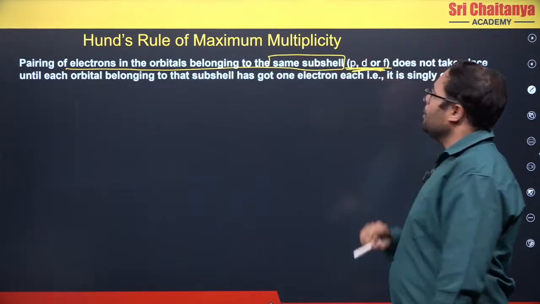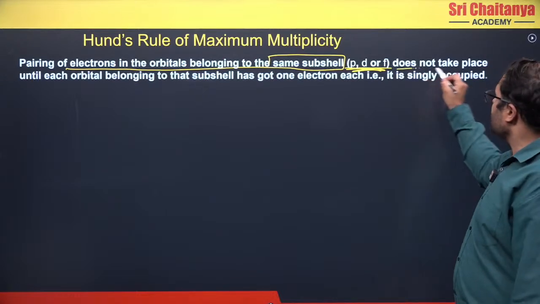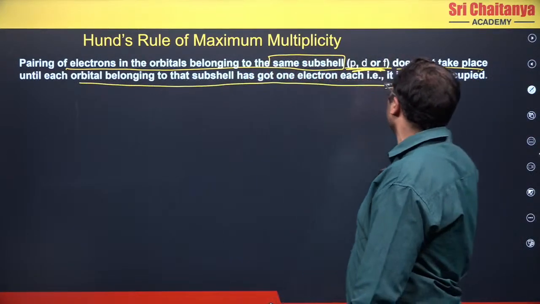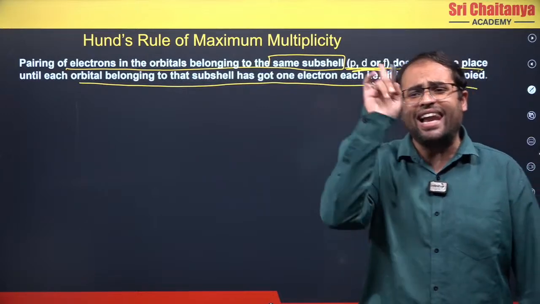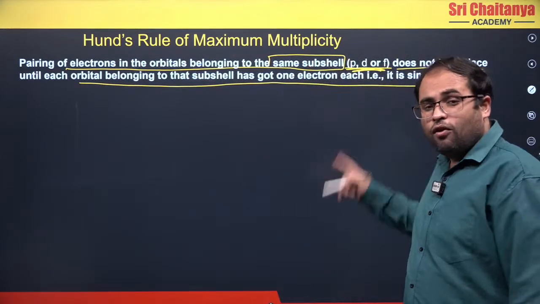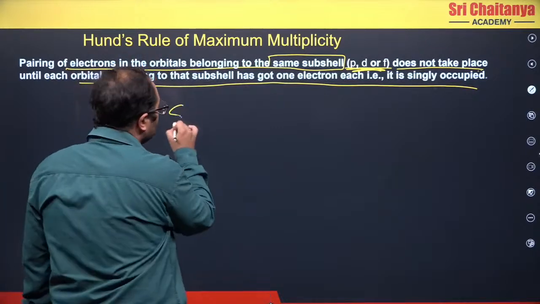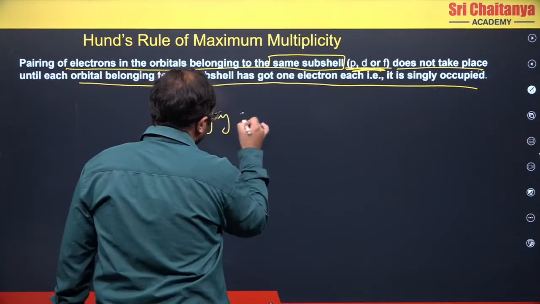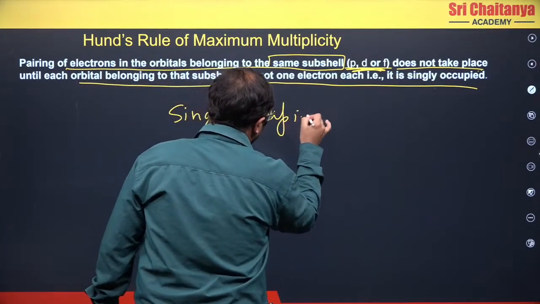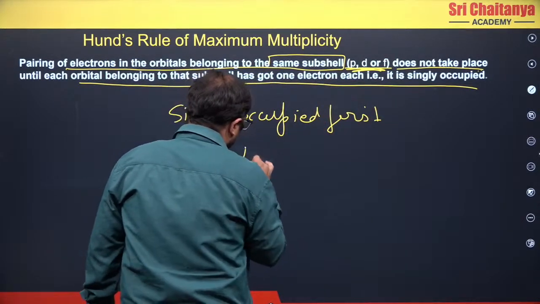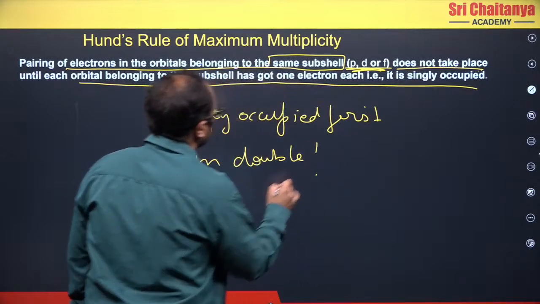Same subshell, p, d or f, does not take place until each orbital belonging to that subshell has got 1 electron each. They have to be singly occupied first. So singly occupied first, then double. Right? This is your Hund's rule.